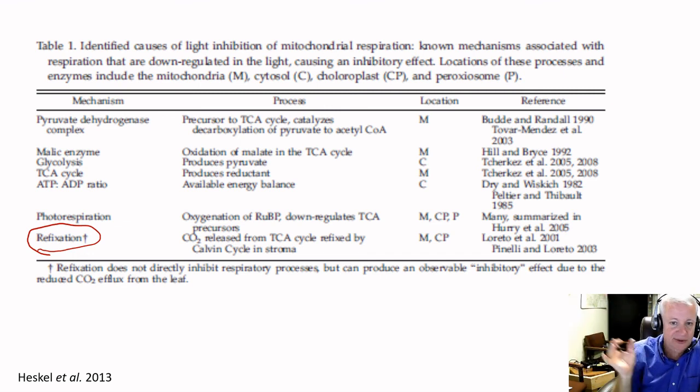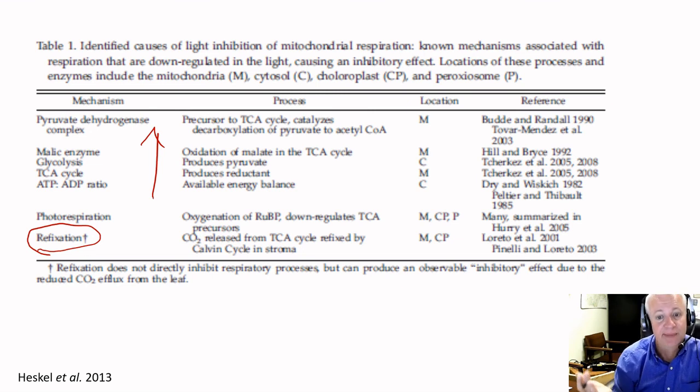Some of that CO2 diffuses into the chloroplast and is just refixed. It's never emitted from the leaf. And then there's a number of other explanations associated with downregulation of some of the respiratory enzymes that likely happens in the light as well. Take-home message, again, is that in the light, respiration rates are suppressed. A number of other papers in the literature have shown similar things as well.